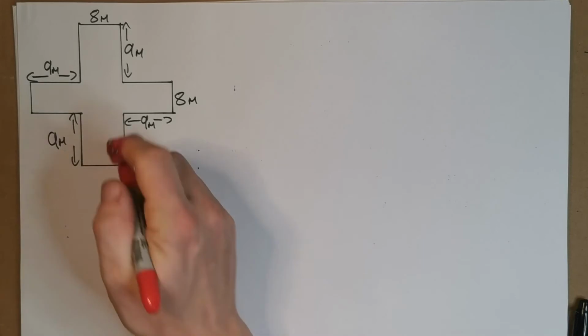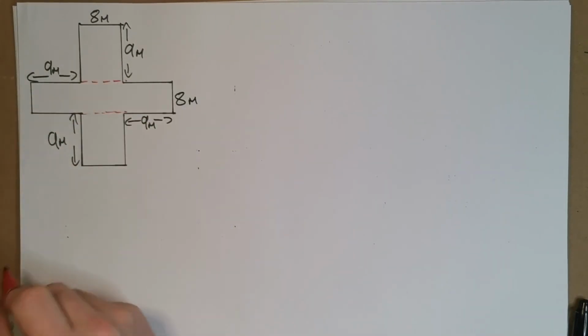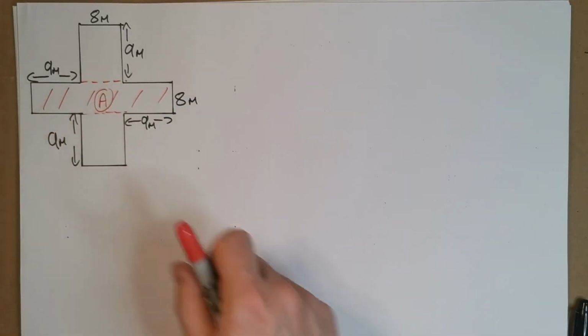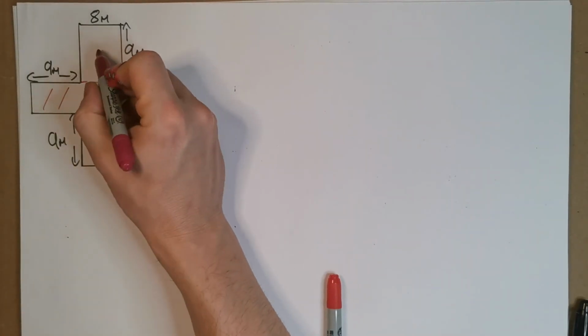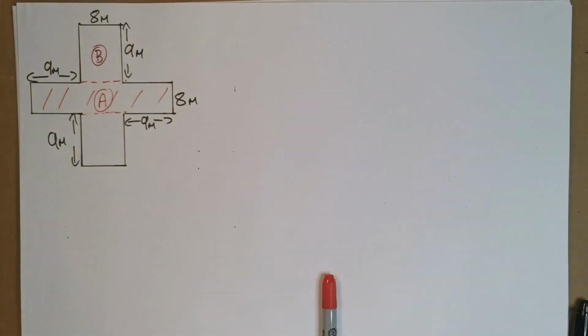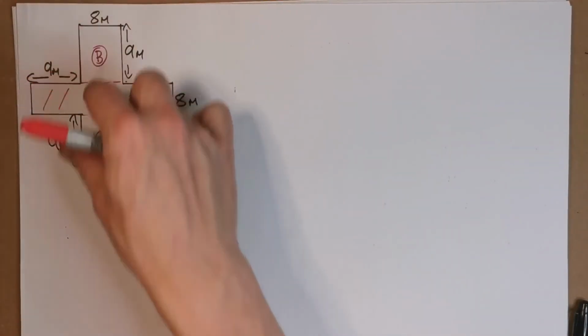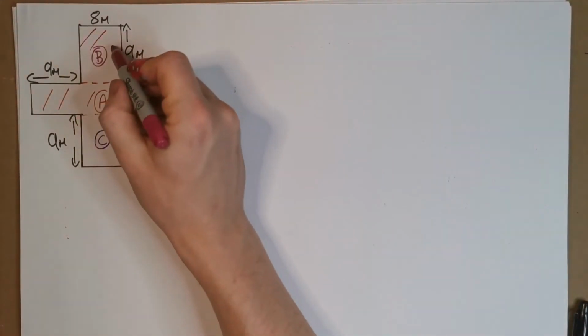So what I'm going to do is draw a dotted line across here. I'm going to take this area first and call it area A. I'm going to call this area up here B, and this area down here C. Once I get A, B, and C, I can add all those areas together, and that will give me my total answer.